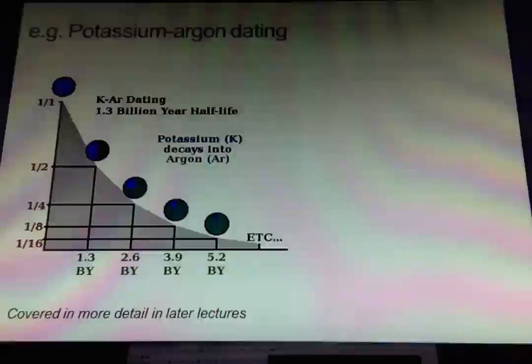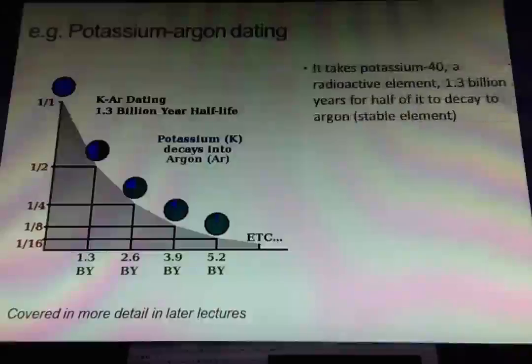So for example, potassium-argon dating. Potassium, within rocks, we know that it takes 1.3 billion years for half of it to decay. So the half-life of potassium is 1.3 billion years. So it's potassium-40, it's radioactive, it's unstable.